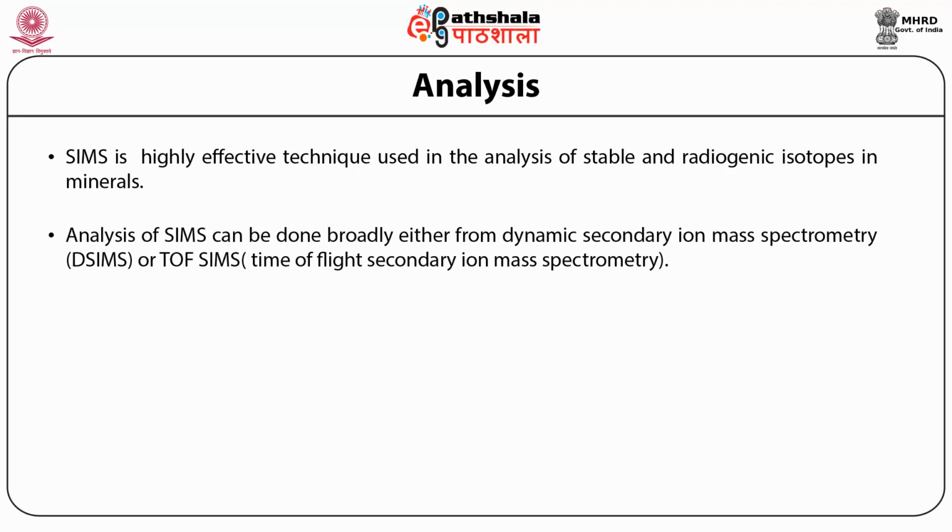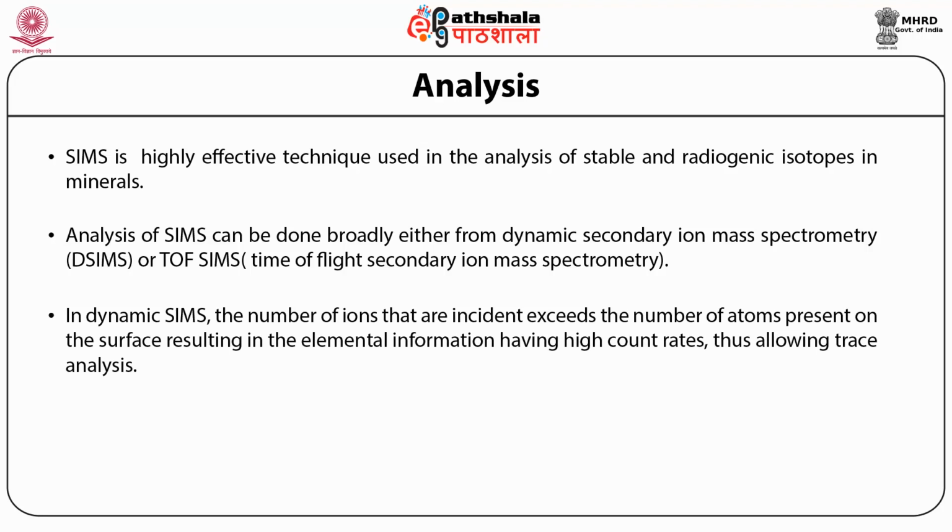Analysis by SIMS can be done broadly either by dynamic secondary ion mass spectrometry, in abbreviated form DSIMS, or TOF SIMS, which in the expanded form would be called time of flight secondary ion mass spectrometry.